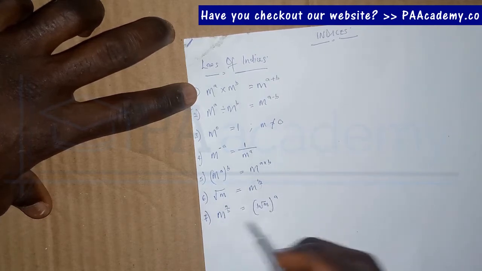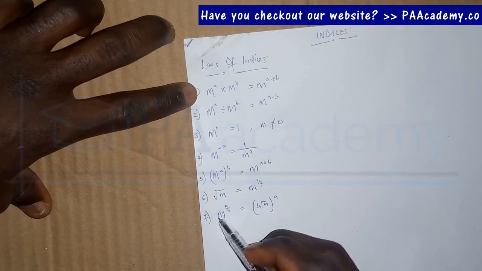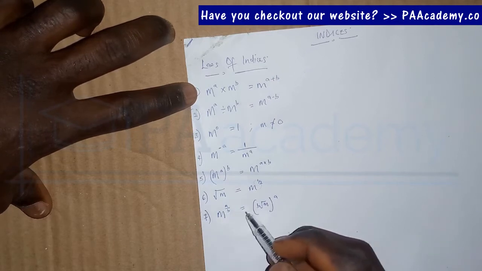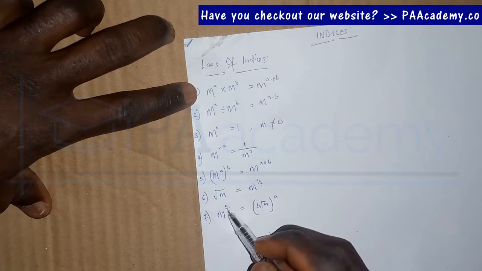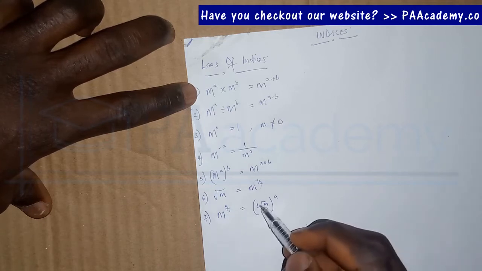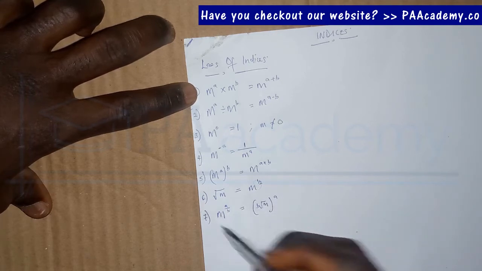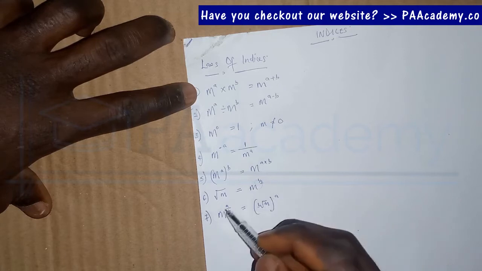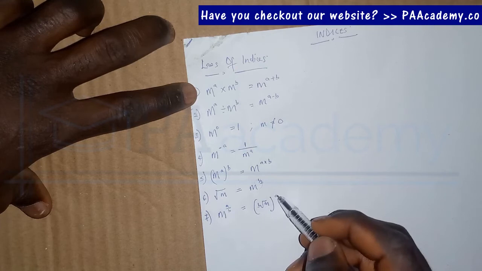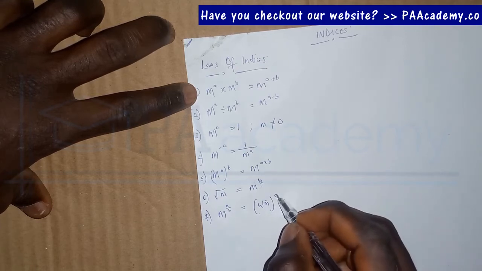One thing you have to note here is, if you're having m raised to power a over b, it's the same as having b, which is the lower power, the denominator, as the root, and then the value itself, the number, all raised to power a. The one at the top will be the power, not square, raised to power a.